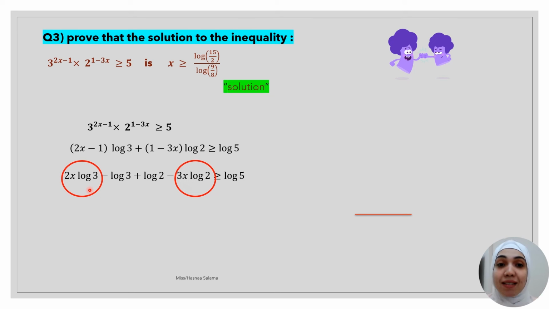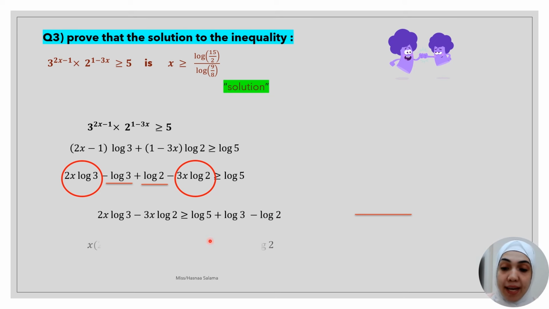I will keep the x terms on the same side and move any value without x to the other side with the inverse sign. So I kept that here, and moved negative log 3 to the other side to be positive, and positive log 2 to the other side to be negative log 2. That's it.